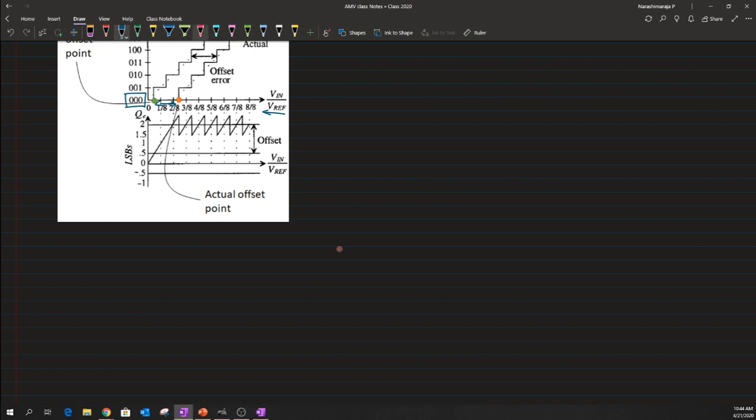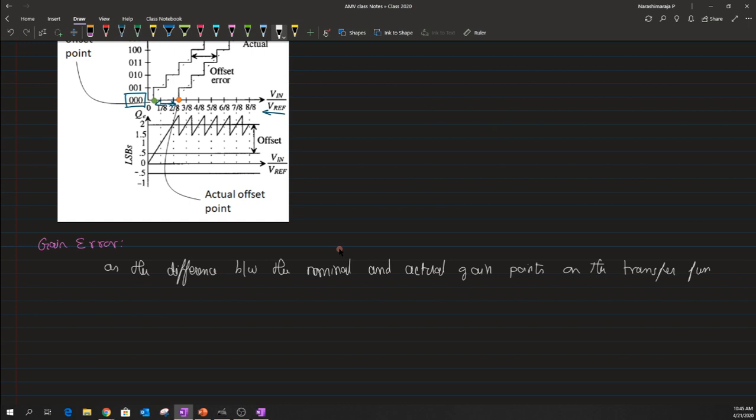So next we'll just move on to the gain error. So again the gain error is defined as the difference between the nominal and the actual gain points on the transfer function.